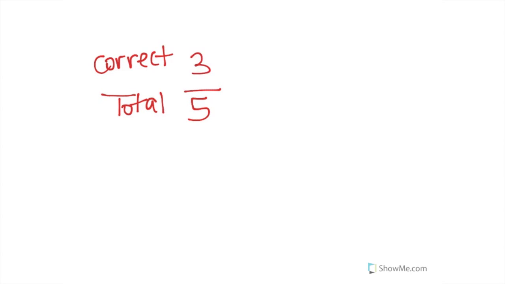So let's try a few more. Let's say this time on Friday you took a 5-question quiz. So I'm going to write my total. I took 5 questions, and out of the 5, I got 3 correct. So again, is your teacher going to give you a 3%? No, can't do that because a percent is out of 100. So I'm going to make my denominator 100, and 5 times 20 is 100.